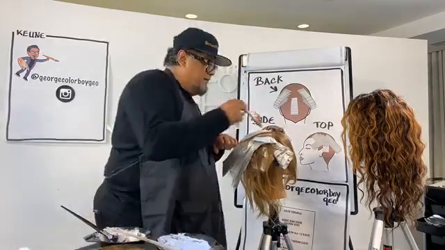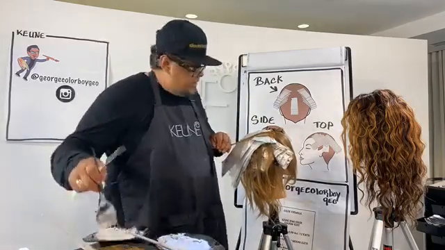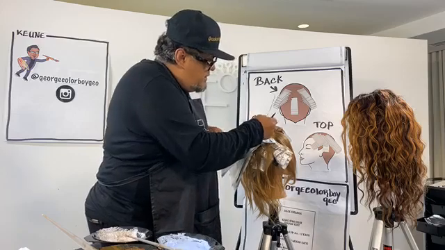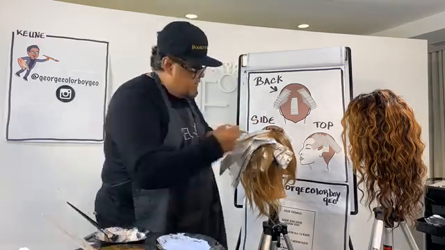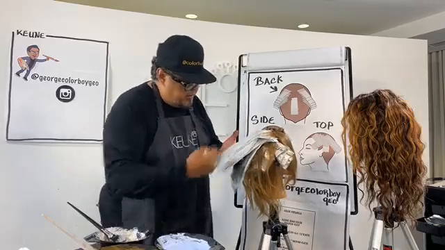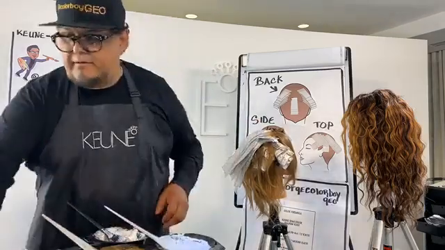Okay, so now back to the very front. I'm just smudging in that, and I'm going to work with a little bit just to give me a blend. And I'm going to work that through. Then I'm going to use the transparency directly on top of that.